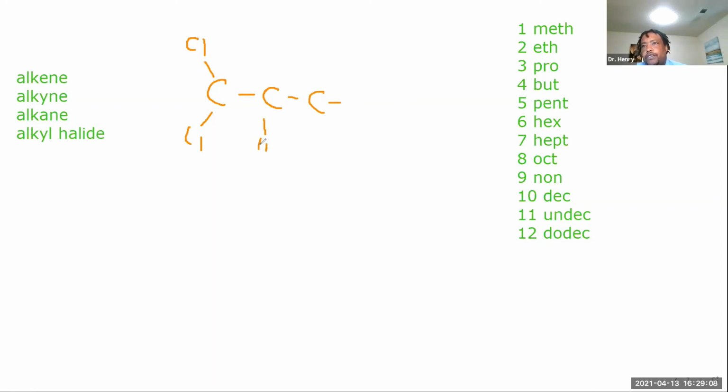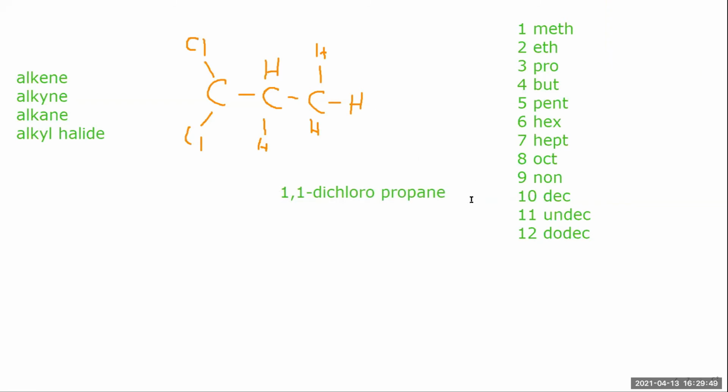I'm drawing it out so you guys can see it right now, and then I'll show you how to draw it. This one here would be called 1,1-dichloropropane.